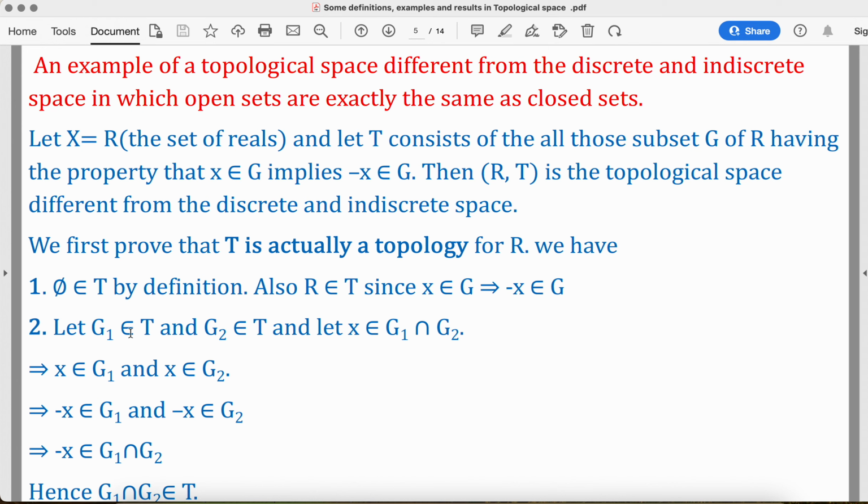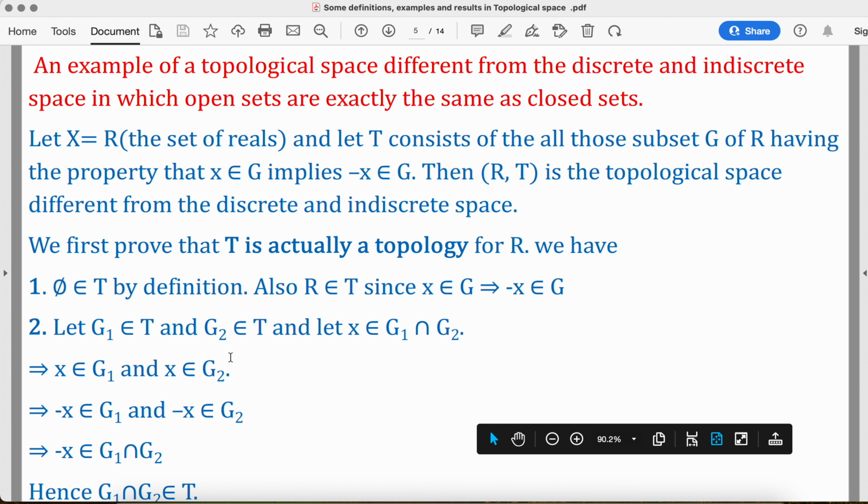If G1 belongs to T and G2 belongs to T, meaning G1 and G2 are any two elements of T, and suppose x belongs to G1 intersection G2. Because x belongs to the intersection of G1 and G2, it means x belongs to G1 as well as x belongs to G2.